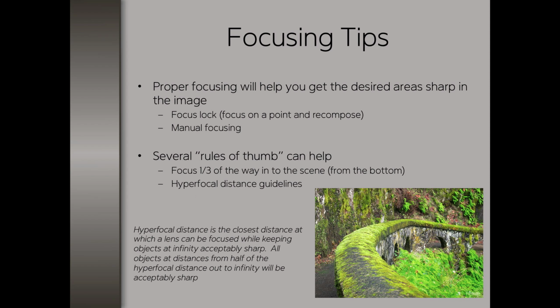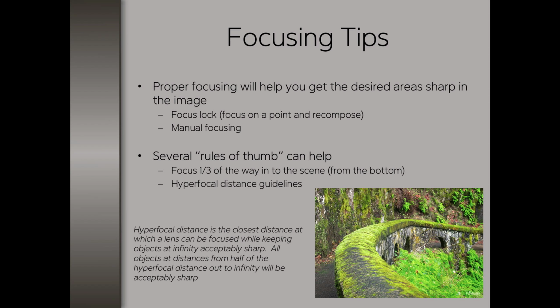So a couple of focusing tips whenever we're thinking about depth of field in shooting an image, and where do you focus. If you really want to manage your depth of field, you need to have proper focusing techniques. There are two ways to do that.